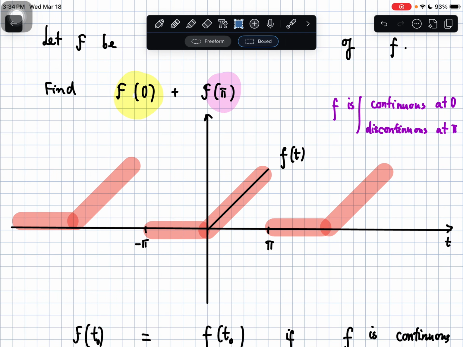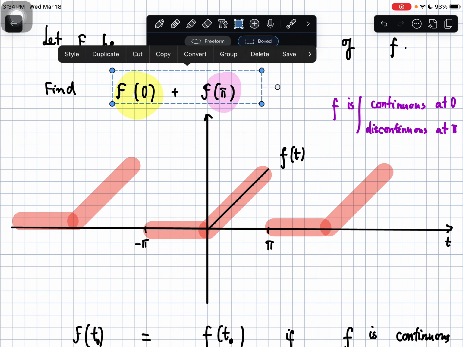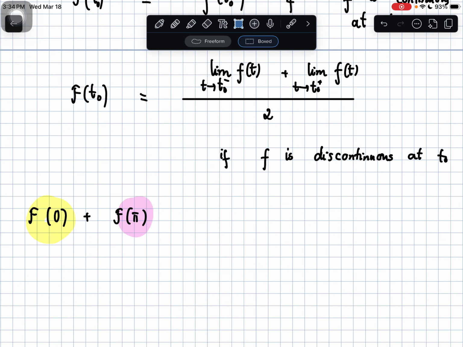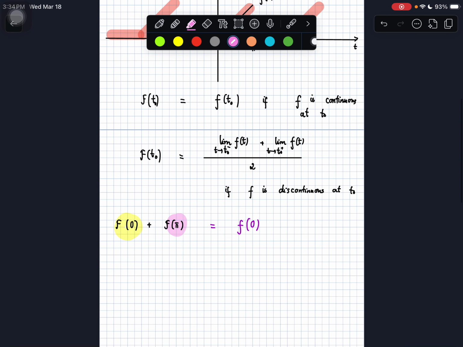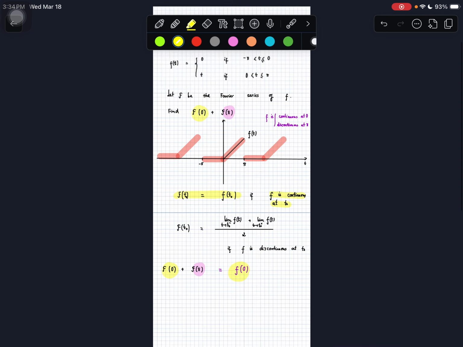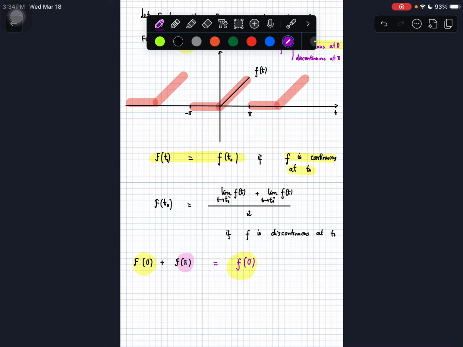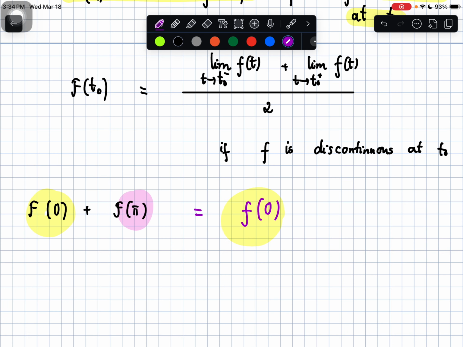So we know that the Fourier series big F at 0 is small f at 0, because of the theorem: big F at 0 equals small f at 0 because f is continuous at 0. For big F at pi, it is a limit.